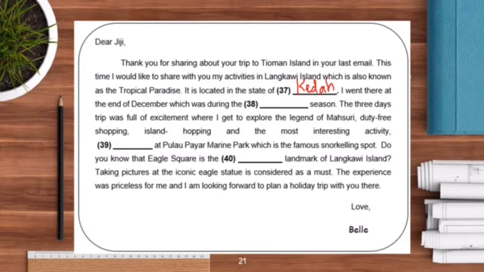I went there at the end of December, which was during the peak season. P-E-A-K, peak season. The 3 days trip was full of excitement where I get to explore the legend of Mahsuri, duty-free shopping, island hopping, and the most interesting activity.